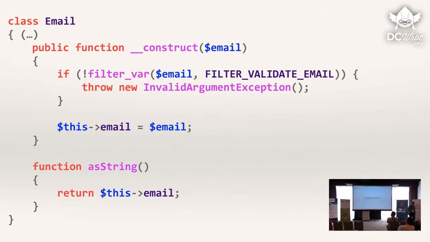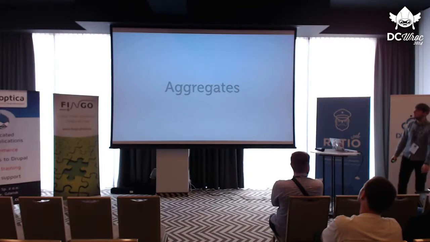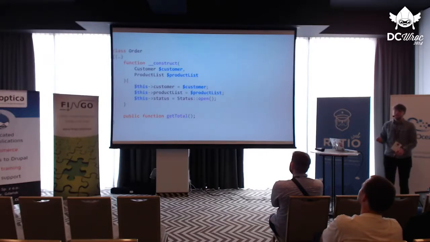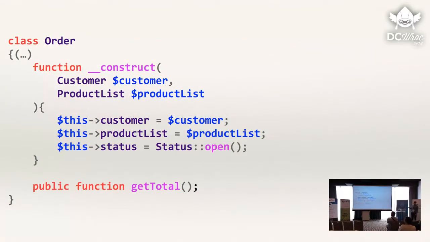Then the next thing that also has a cool name, but it's such a simple concept. The aggregate is just an object that wraps another object, other entities inside. And that's it, really. So it's nothing complicated. It has a name, aggregate, in order to improve this communication. So when you are saying entity and when you are saying aggregate, these are really two different things, but it's nothing really complicated.